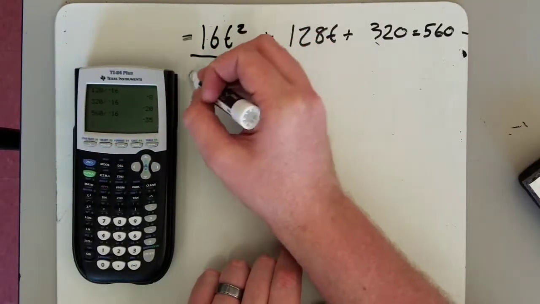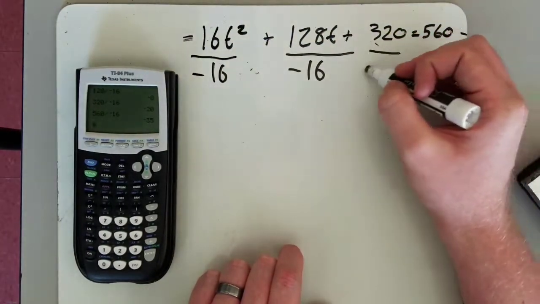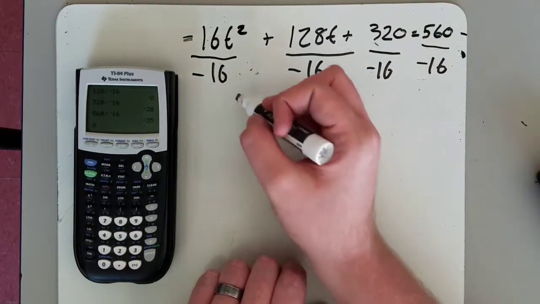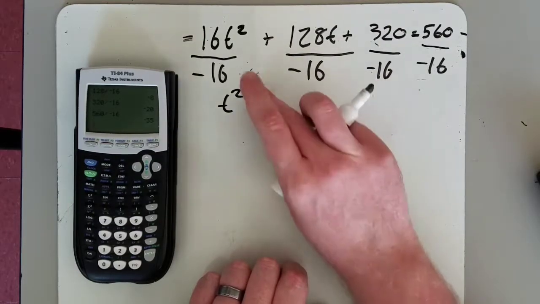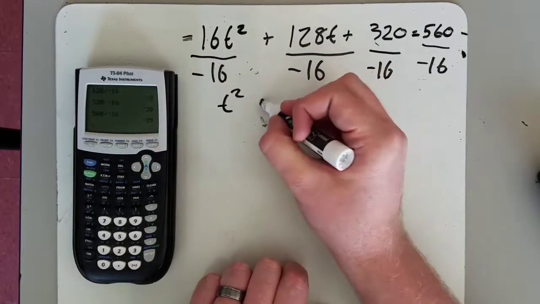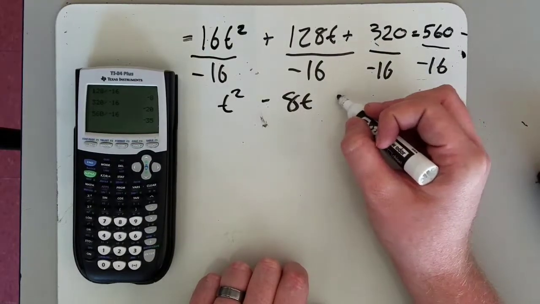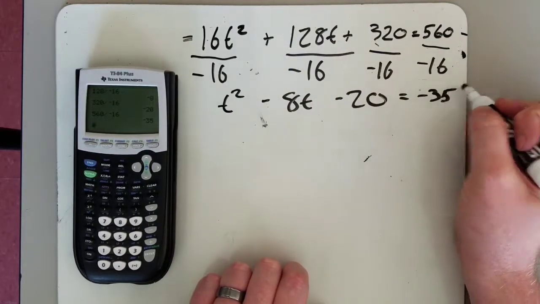We're going to divide everything by negative 16. We're going to get t squared minus 8t minus 20 is equal to negative 35.